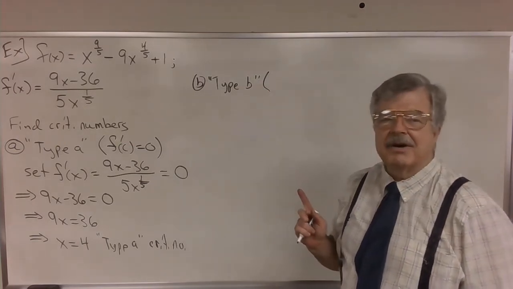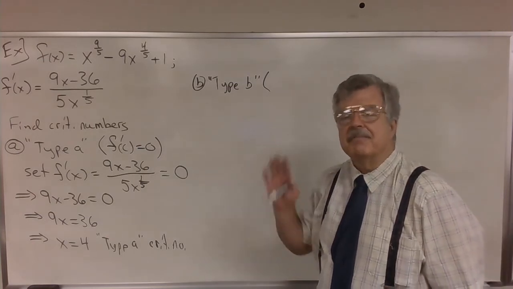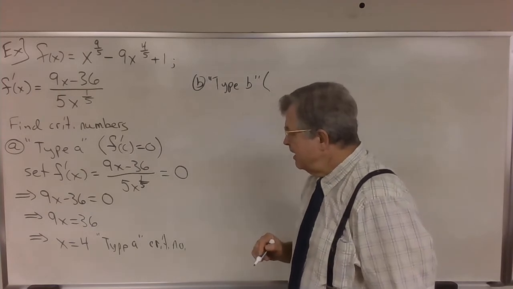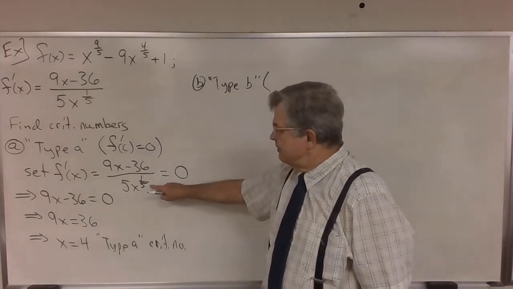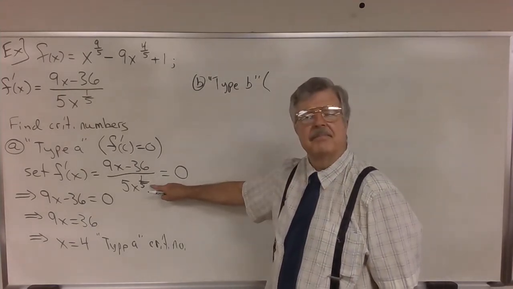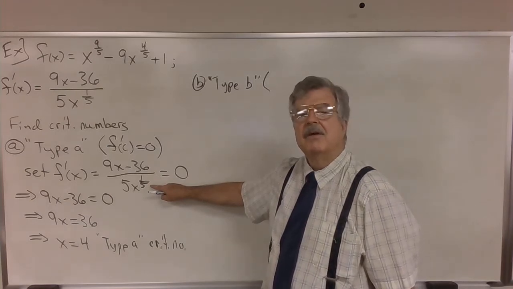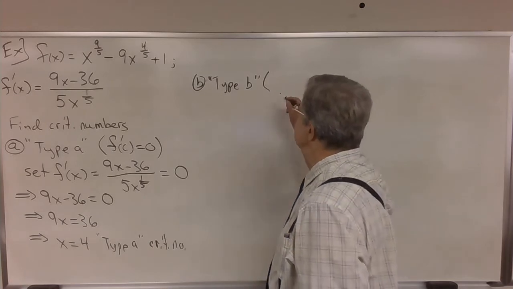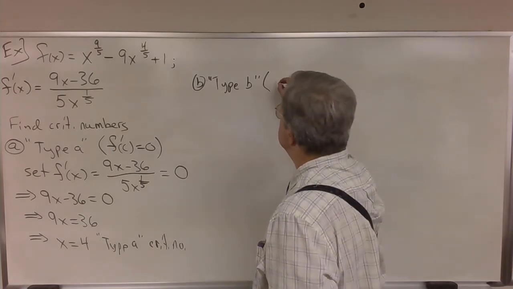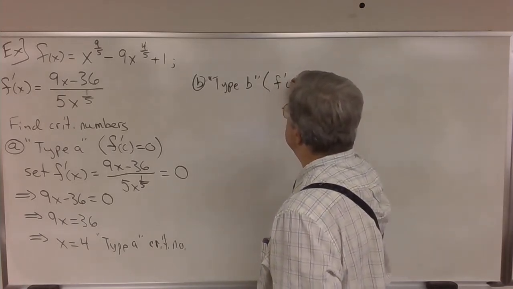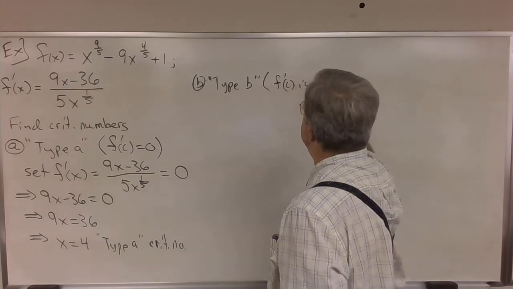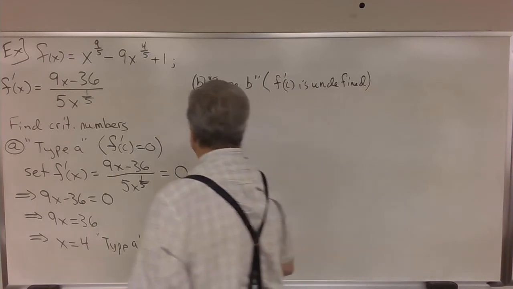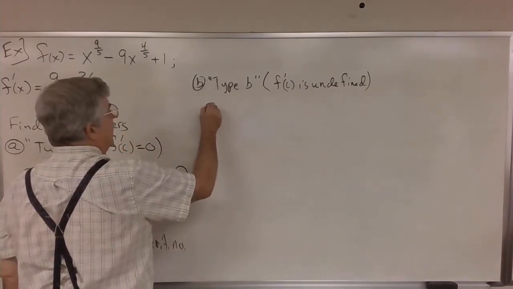Isn't it that it causes division by 0 or it makes the derivative undefined? Here's our derivative. We're going to have division by 0 when 5x to the 1/5 is 0. So f prime of c is undefined. That's the defining characteristic of a type B critical number.